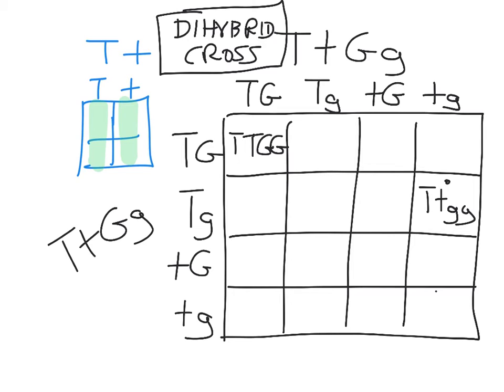This one here in the lower right would be a little t and a little t and a little g and a little g. Again, you're putting together the column and the row to get the result in the Punnett square. The results from this, if I can stay over here on the left, and let me erase this and get this out of the way.